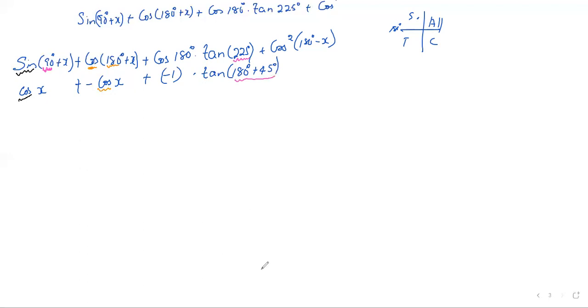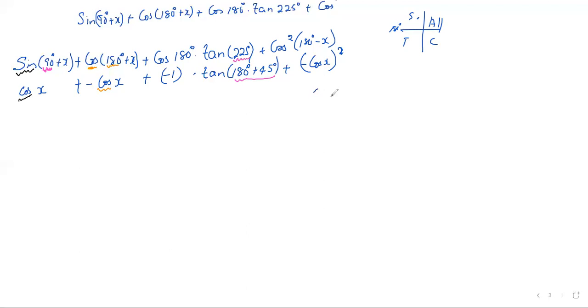And then plus cos in the second quadrant is going to be negative, cos x squared. 180 minus is here. Only sine is positive, cos is negative. But because it's squared, it's going to be a cos.